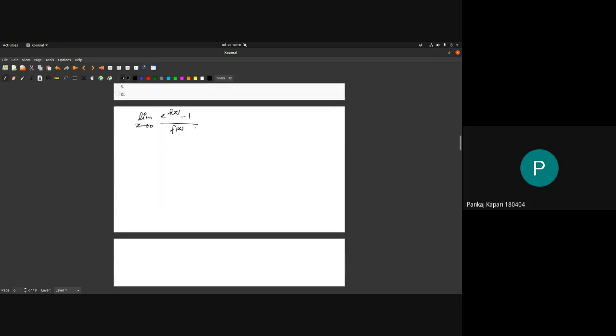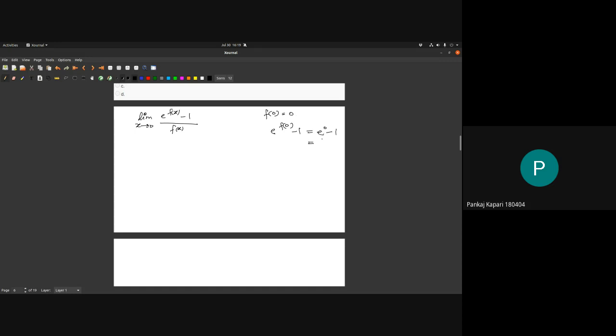Just check. We are given that f of 0 is 0. So if you put 0 into this numerator, what is e to the power f of 0 minus 1? Because f of 0 is 0, this is e to the power 0 minus 1.